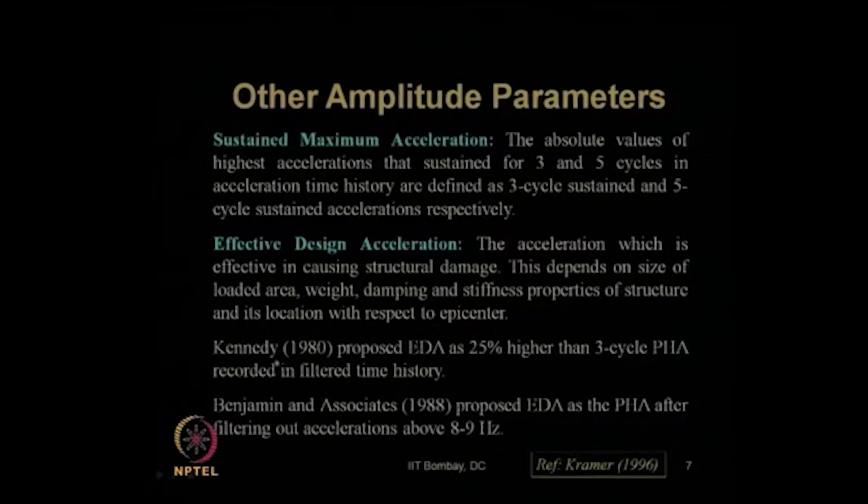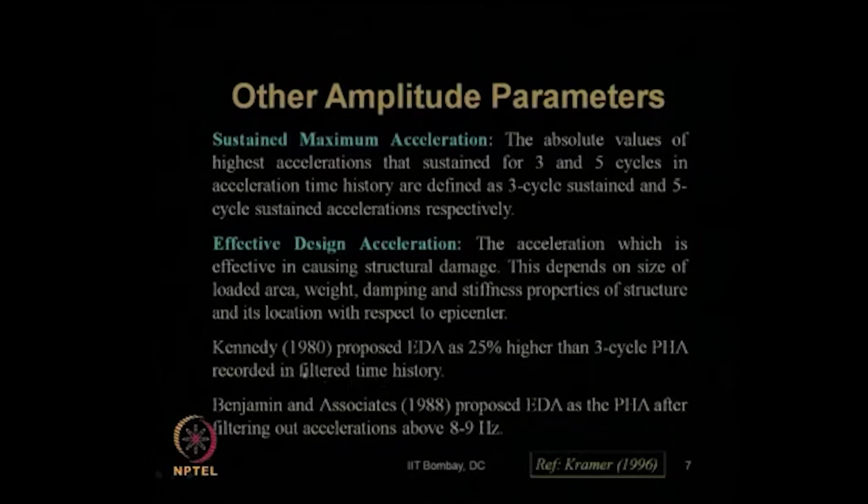Like Kennedy in 1980 proposed that effective design acceleration EDA is 25% higher than the 3 cycle PHA, that is this 3 cycle sustained maximum acceleration recorded in a filtered time history. Filtered means in the acceleration time history record, you have filtered out or taken out the noises, that is known as filtered time history.